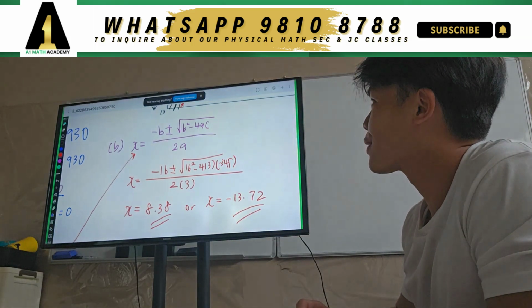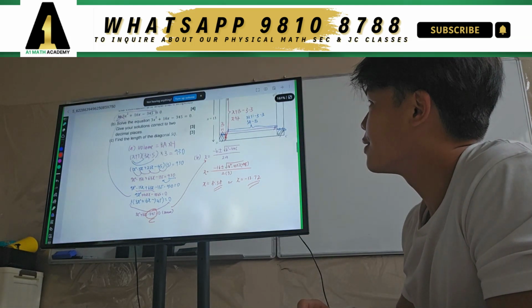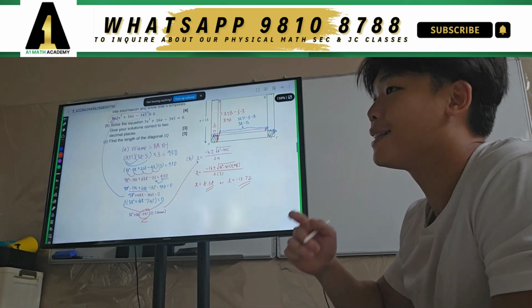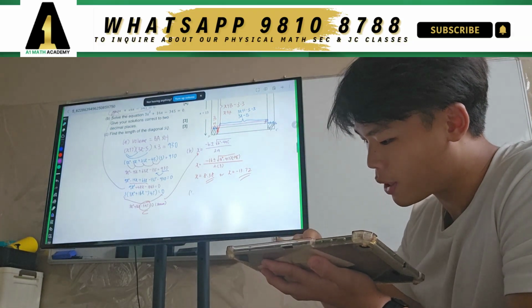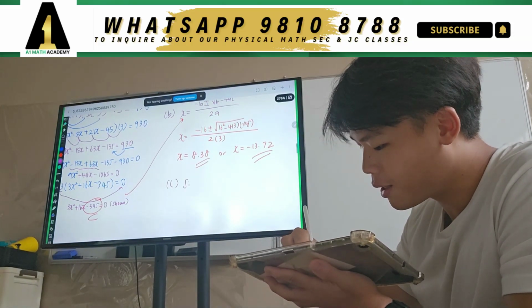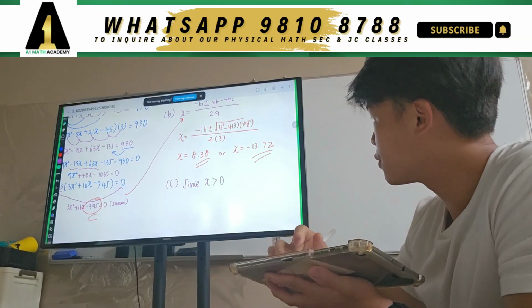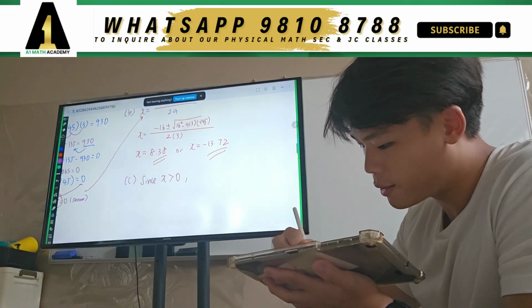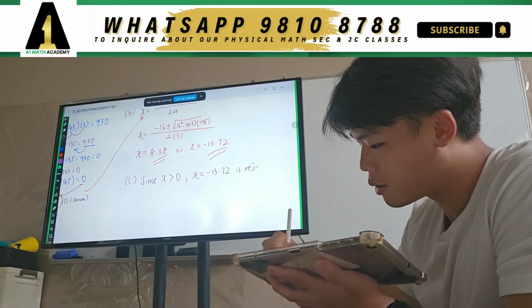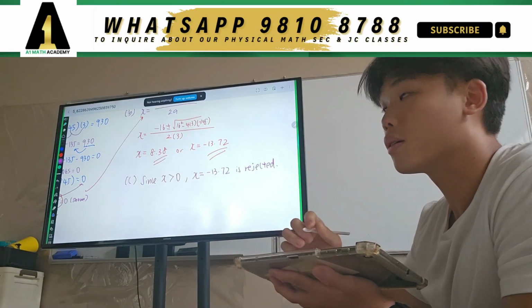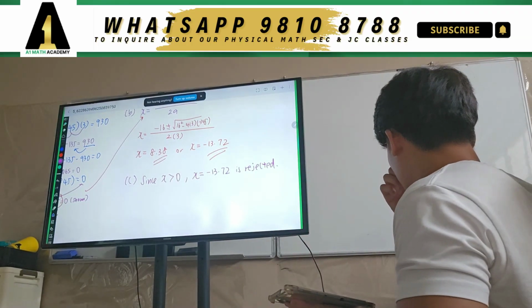Only in part C then we reject. So when you go to part C, you can say since x must be positive, x equals to minus 13.72 is rejected.